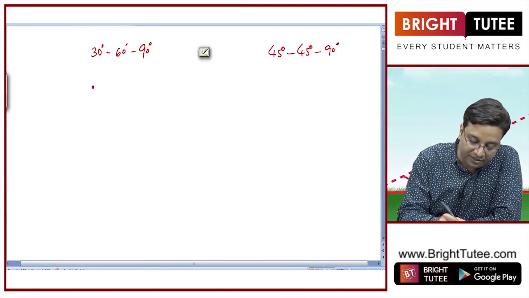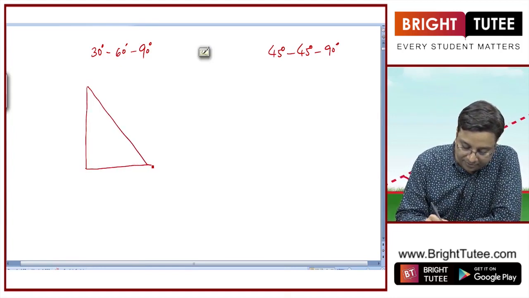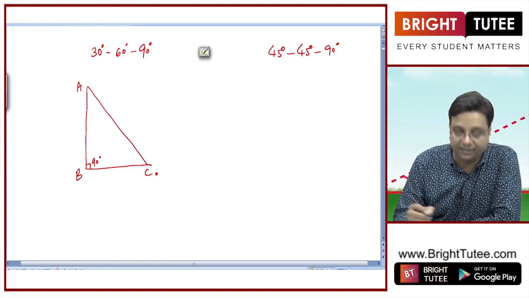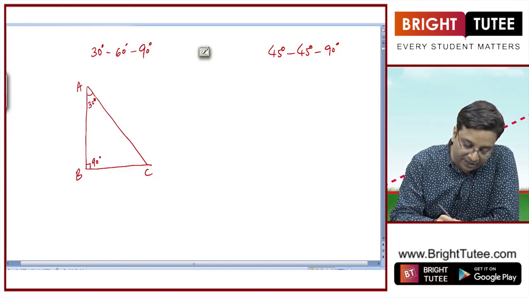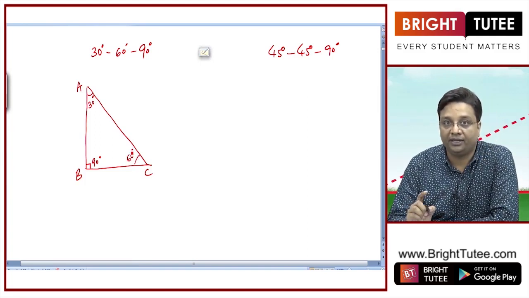What I mean is, let me take this right angle triangle here. If this is a right angle and let's name these vertices as A, B and C. Let me take this as 30 degrees. So this angle will be 60 degrees, right?